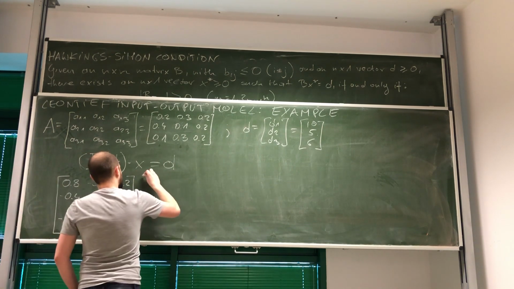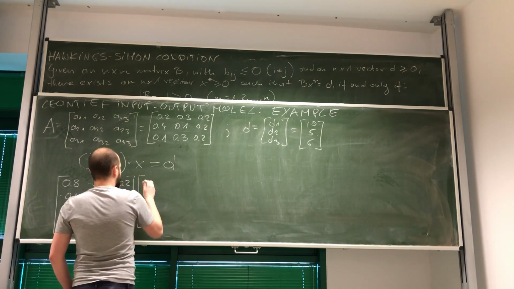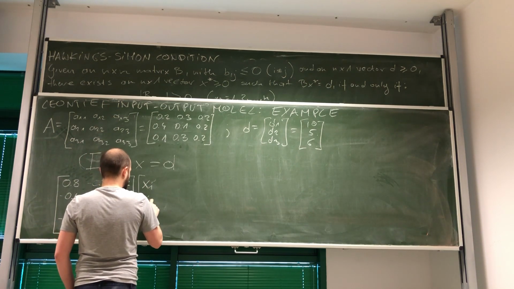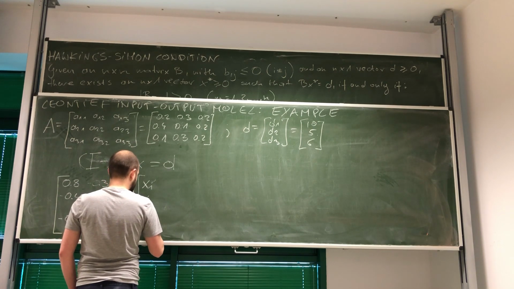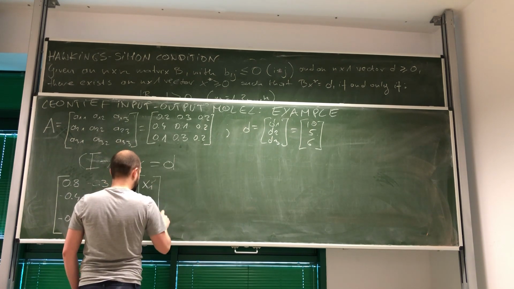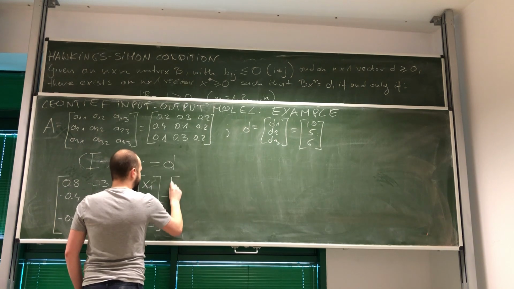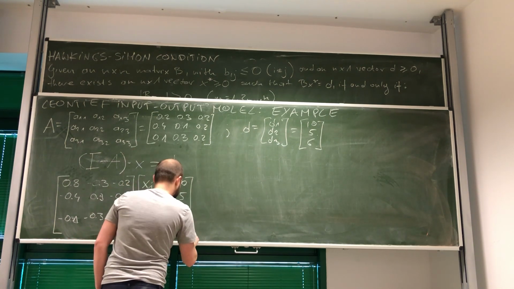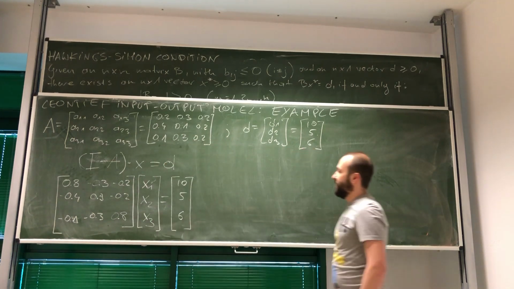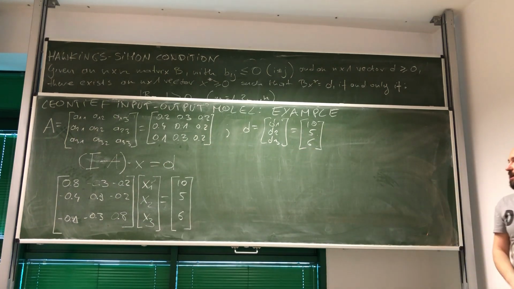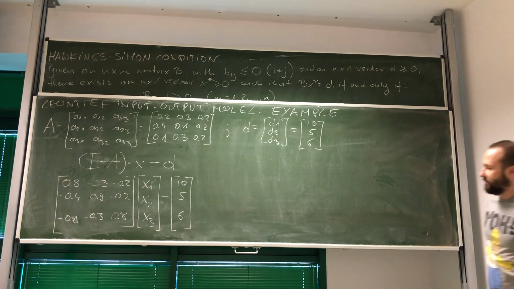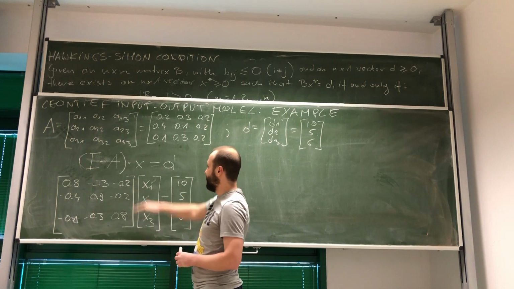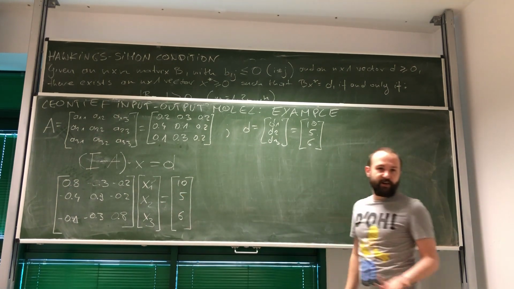Now we've got the vector of levels of production for the 3 goods, so x1, x2, and x3, and the vector of final demands 10, 5, 6. Okay, so look, now that we've brought this to matrix notation, we can start finding the solution.